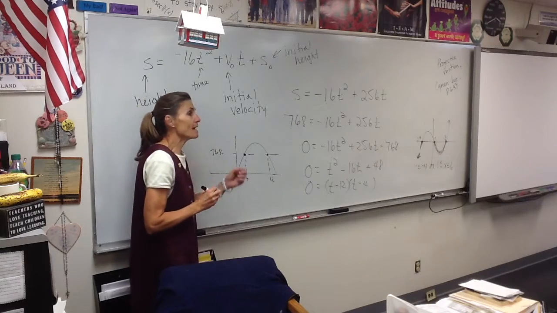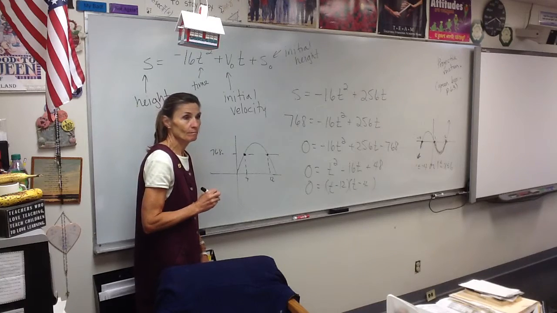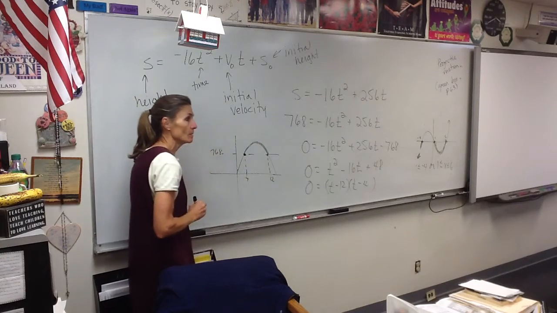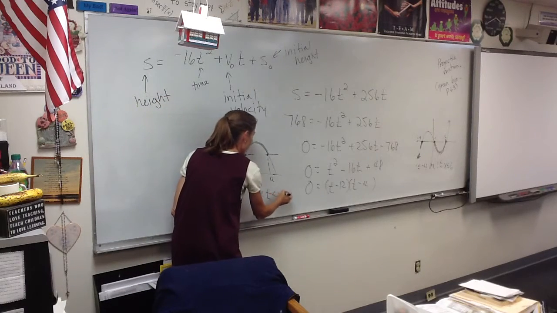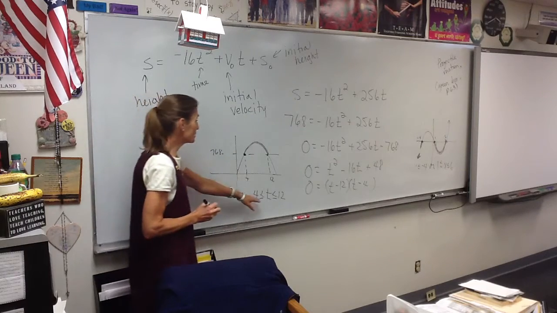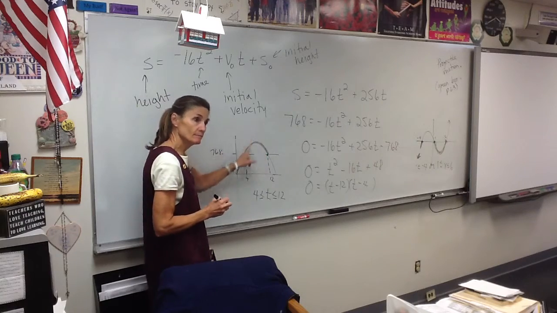When will it be at least 768? In between here? So the answer would be everything between 4 and 12. This is when it is at least 768.